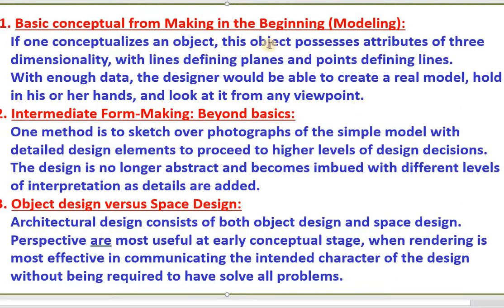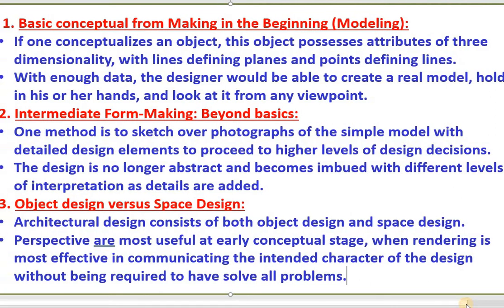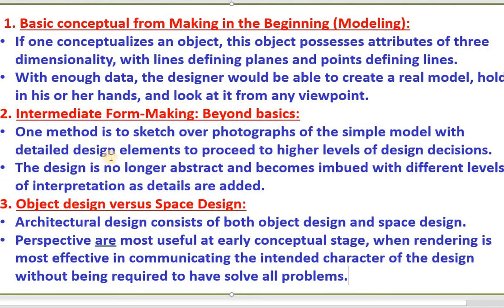Okay, so number two, intermediate model making, beyond basic. That's okay. One method is to sketch over photographs of the simple model with the detailed design elements and process to a higher level of design decision. The design is no longer abstract as detail is added.